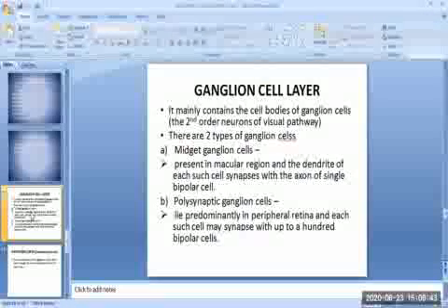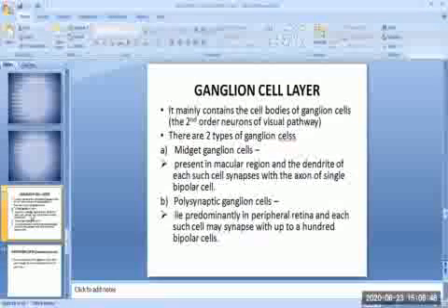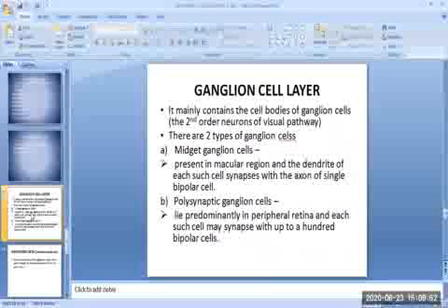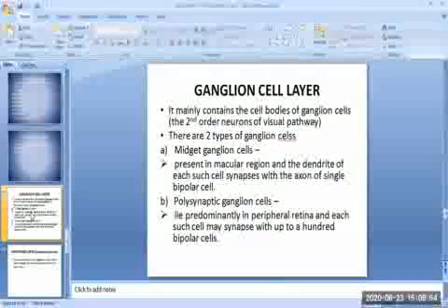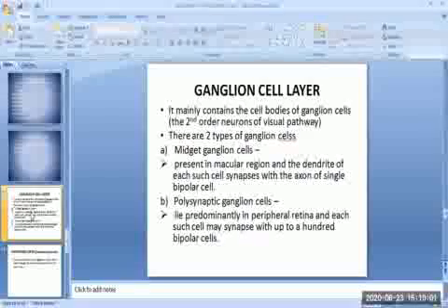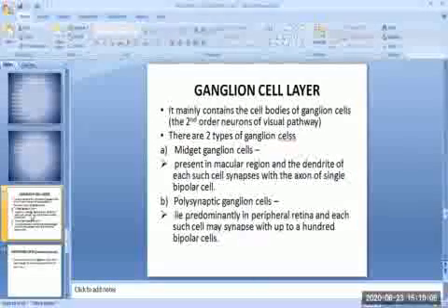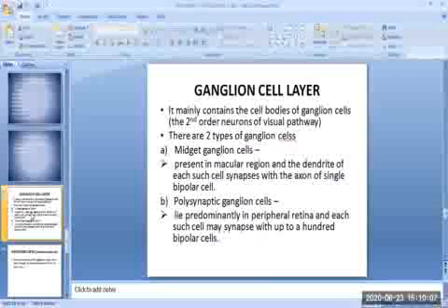There are two types of ganglion cells, midget ganglion cells and polysynaptic ganglion cells. The midget ganglion cells are present in the macular region, with the dendrite of each such cell synapsing with the axon of a single bipolar cell. The polysynaptic ganglion cells lie predominantly in the peripheral retina, and each cell may synapse with up to 100 bipolar cells.